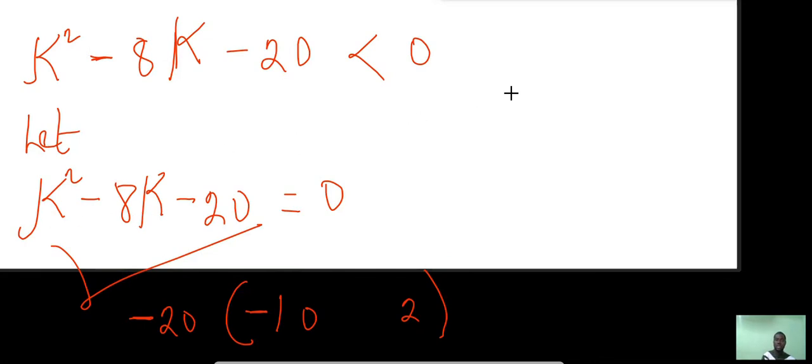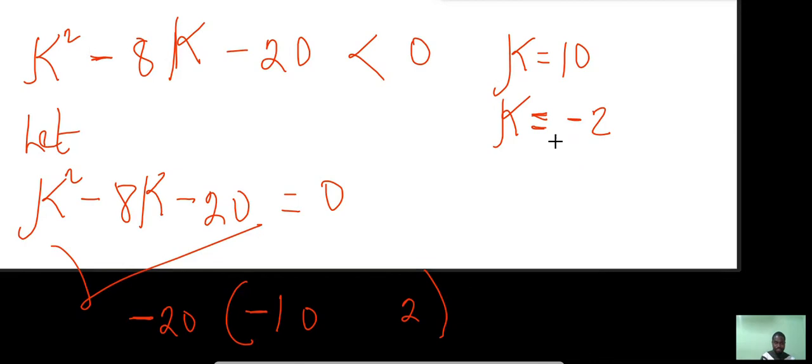So on solving that, k equals 10, k equals minus 2. You need to be very careful using my shortcuts if you don't really know what I'm doing here. You can make a video on that separately.